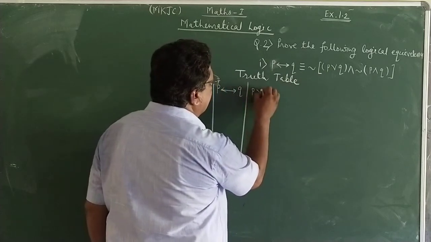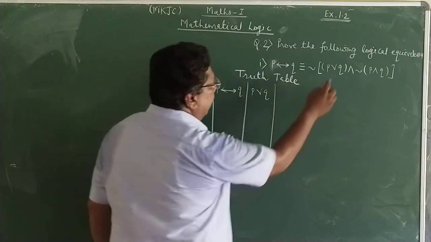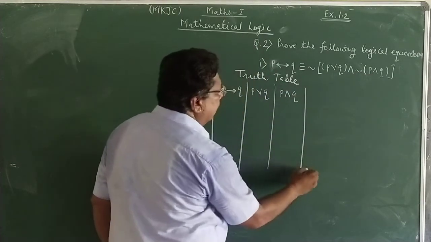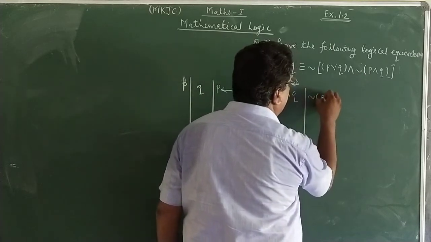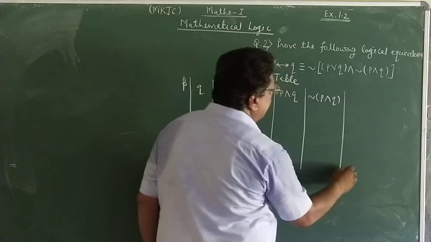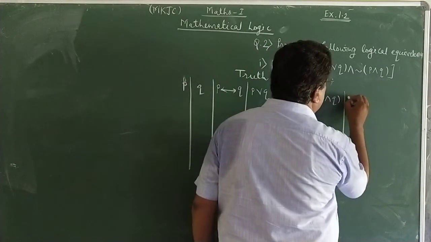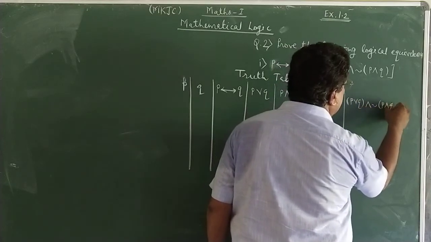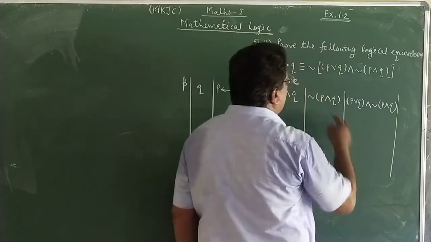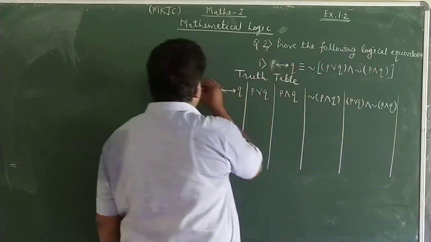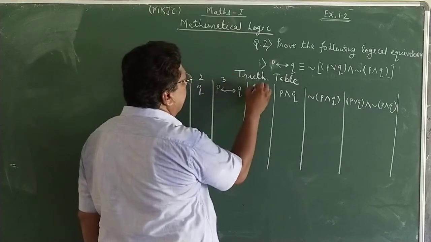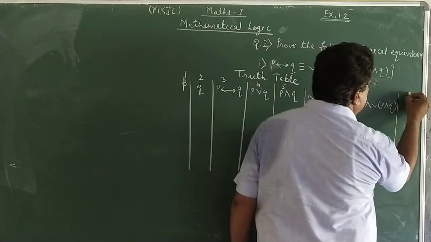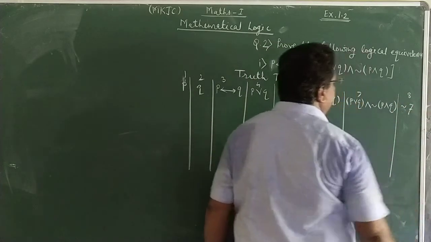Fourth column is P or Q. Fifth column is P and Q. Next one is negation P and Q. Then the complete pattern, P or Q and negation P and Q. And last one, now this is column number 1, 2, 3, 4, 5, 6, 7, 8. So it is negation of column number 7.